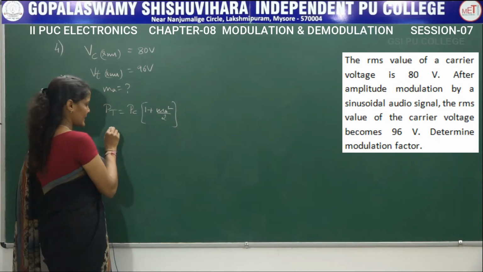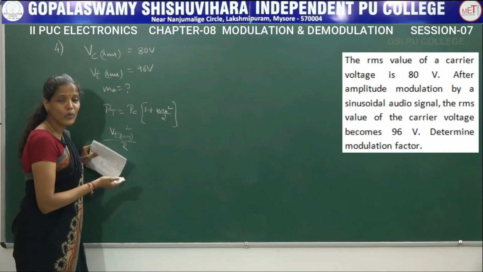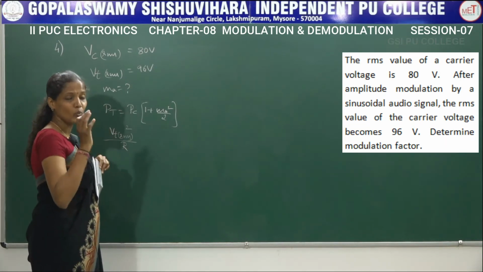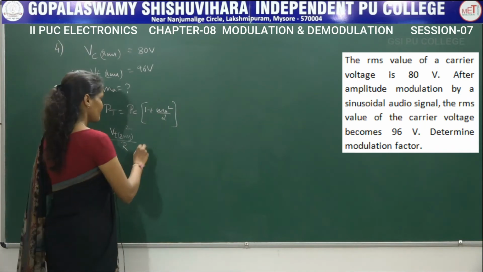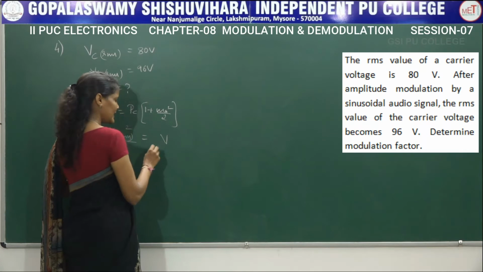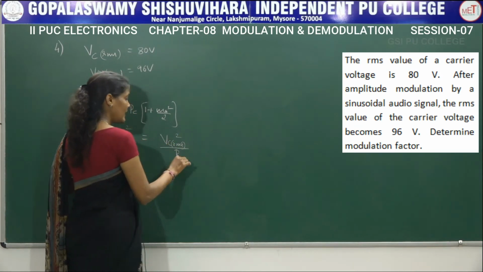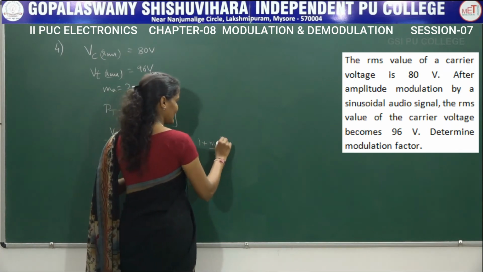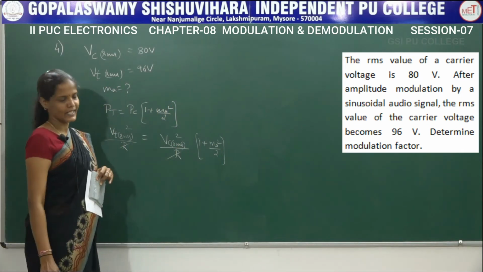PT will be represented as VT RMS square divided by R, that is P is equal to V square divided by R, where R is nothing but the resistance of the antenna that we are using to transmit the signal from one place to another. Similarly, PC is equal to VC RMS square divided by R, of 1 plus MA square divided by 2. Here R and R get cancelled.